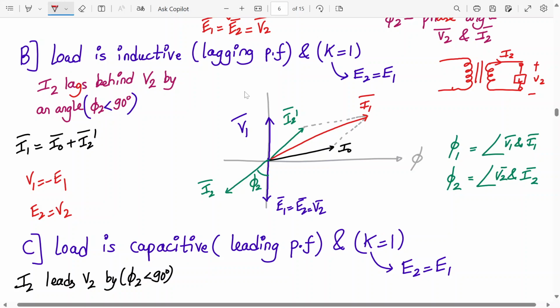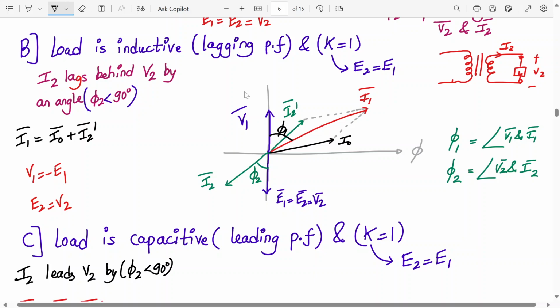Where is my angle? How will I show my angle? Angle will be shown over here, like this one. This is phi 1. This is phi 2. And this is my circuit diagram. Phasor diagram for load inductive, lagging power factor.